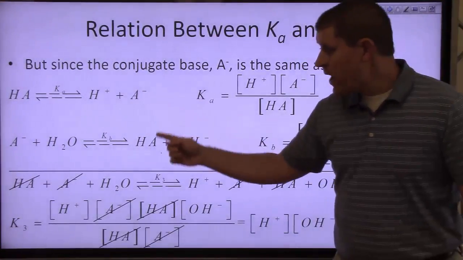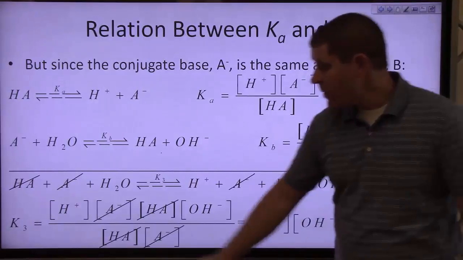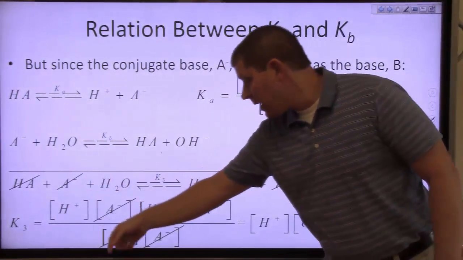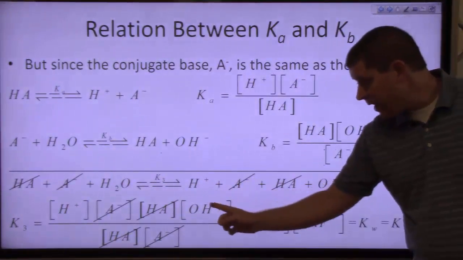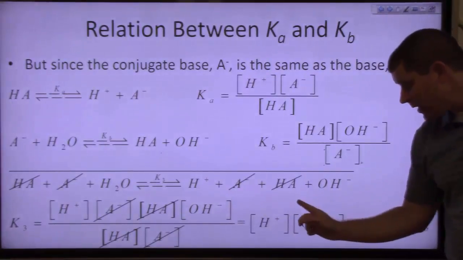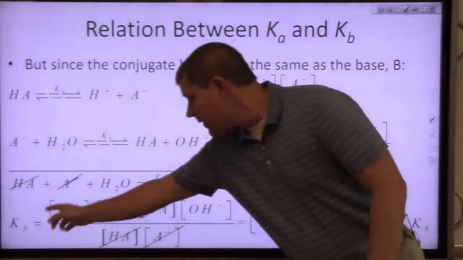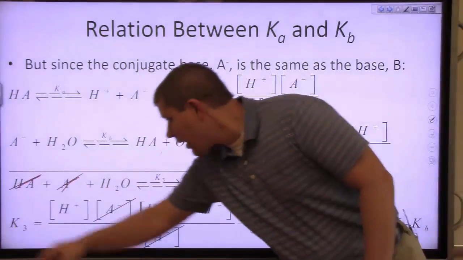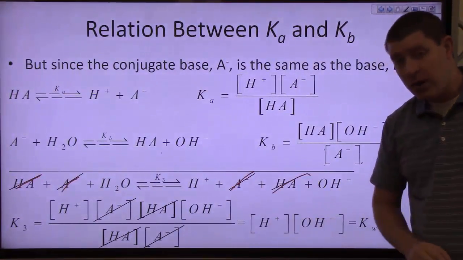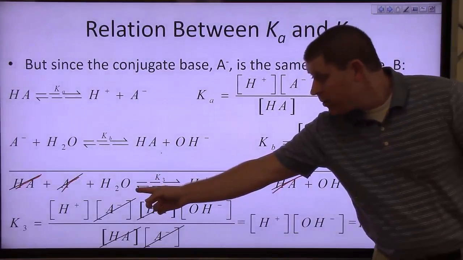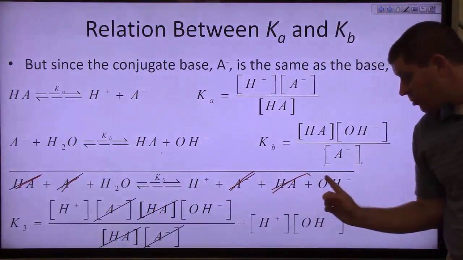And now, when we add our two reactions together, we have HA plus A minus plus H2O react to yield H plus A minus plus HA plus OH minus. And now you note that I've scratched out the A minus here and the A minus there and the HA on the left and the HA on the right. And now we simply have H2O reacts to yield H plus OH minus.